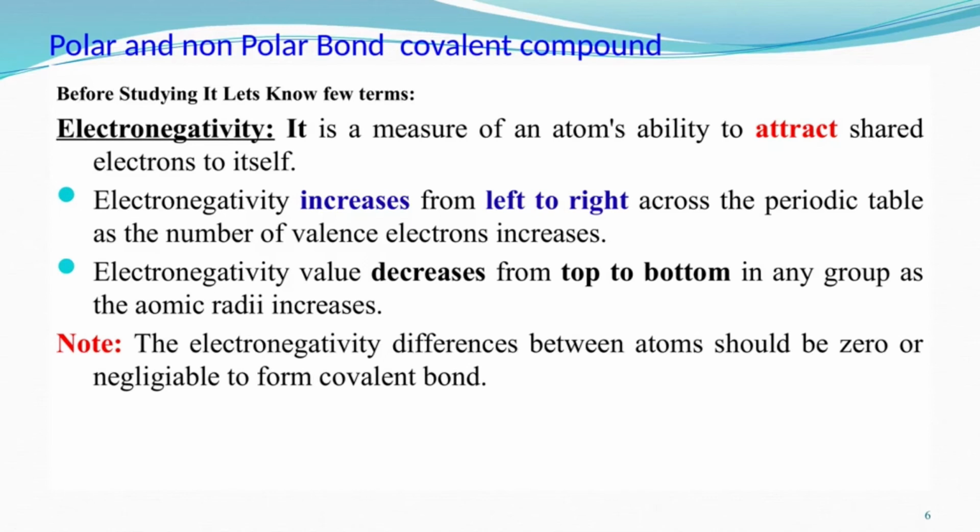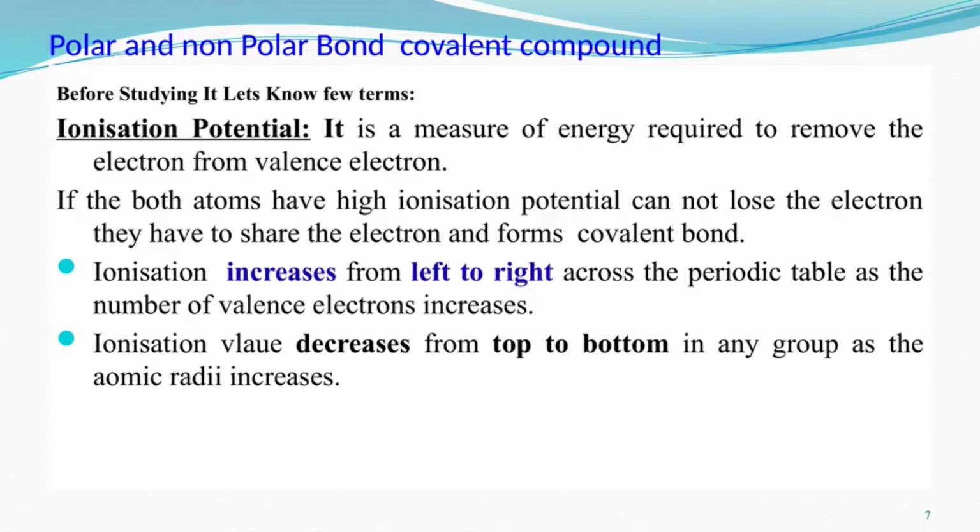Okay? And in the next slide, you can find about the ionization potential. So, what is ionization potential? It is a measure of the energy required to remove an electron from the valence shell. That we can find in the case of ionic compounds also. And if both atoms have a very high ionization potential, that is in the case of non-metals, both the elements of the covalent compounds we are studying have high ionization potential.